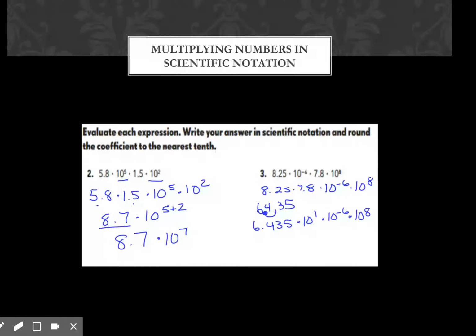And I'm combining all my exponents here, 1, negative 6, and 8. 1 plus negative 6 is negative 5. Negative 5 plus 8 is 3. So I would have 6.4. They said round to the nearest tenth, so I'm leaving that alone, times 10 to the third power.